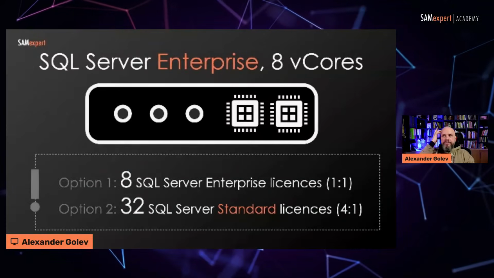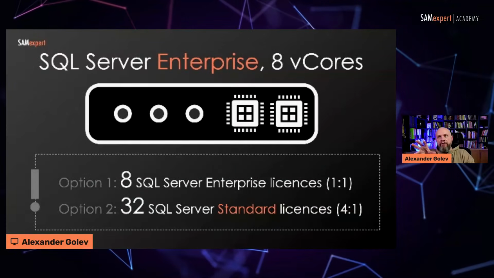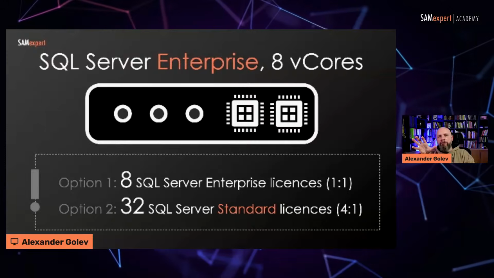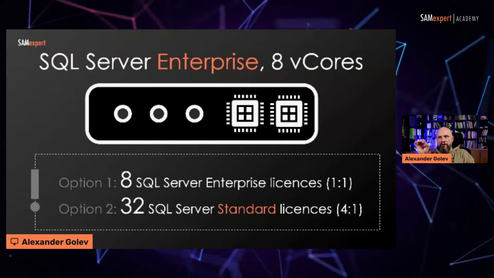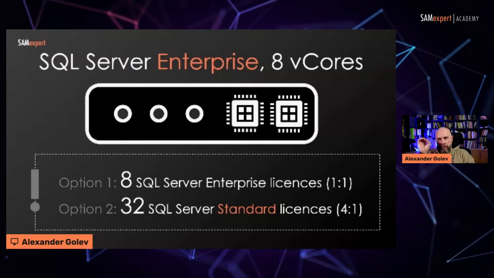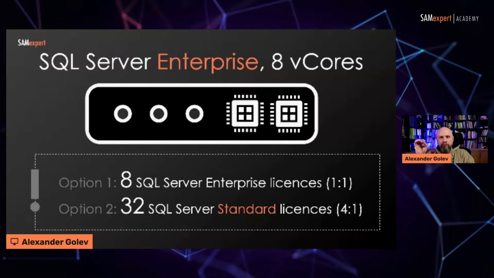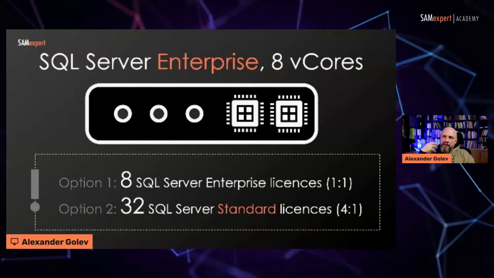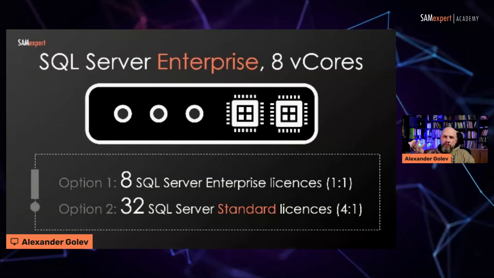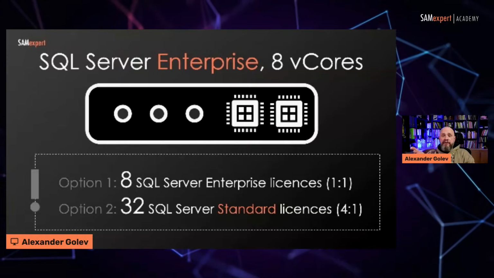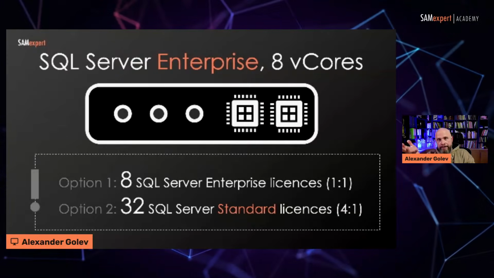Here are a few examples. So here we have a SQL Server Enterprise virtual machine with 8 virtual cores. Option 1 is straightforward. It's SQL Server Enterprise. Therefore, by default, you would probably assume that applying 8 SQL Server Enterprise licenses using one-to-one is correct, and that would be correct. That's the correct way of licensing it.